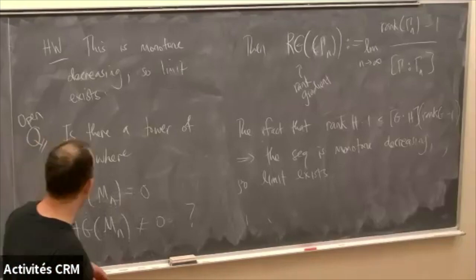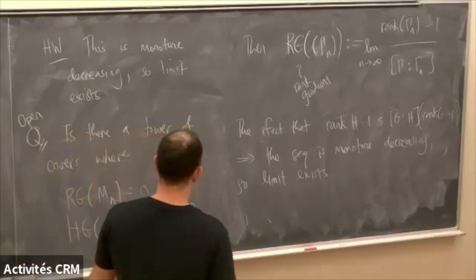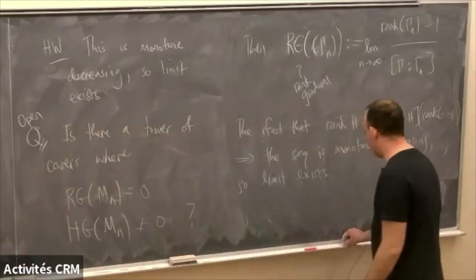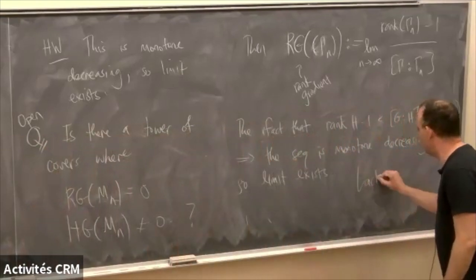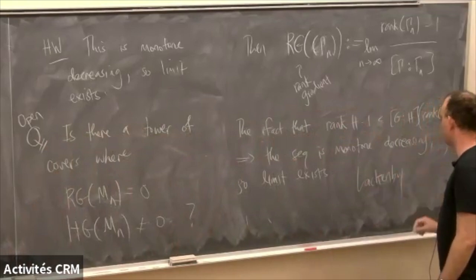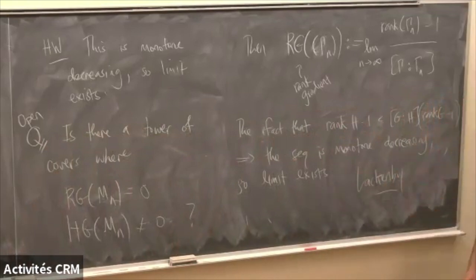Yeah, well, I forgot to even put Mark Lackenby's name up on the board, but both of these notions, rank gradient and Heegaard gradient, were first formulated by Mark Lackenby.